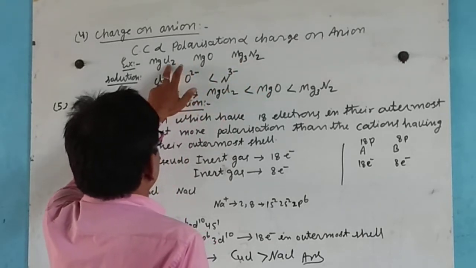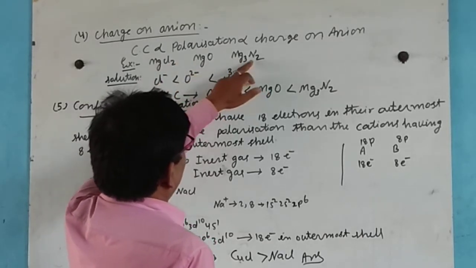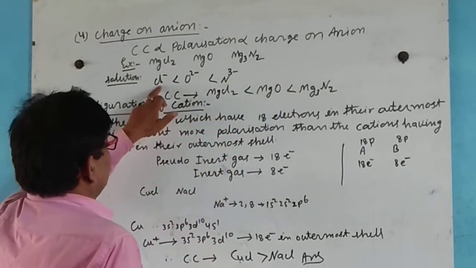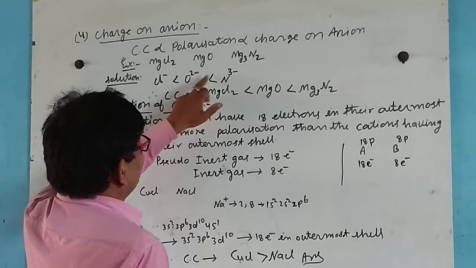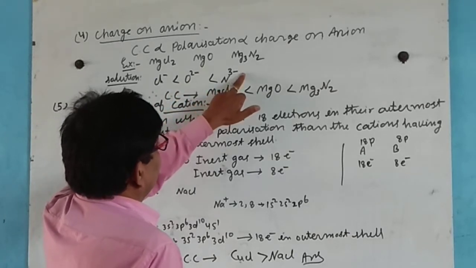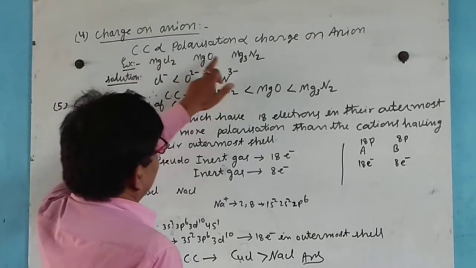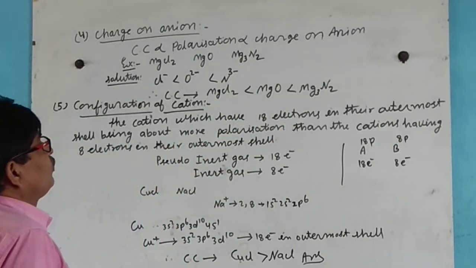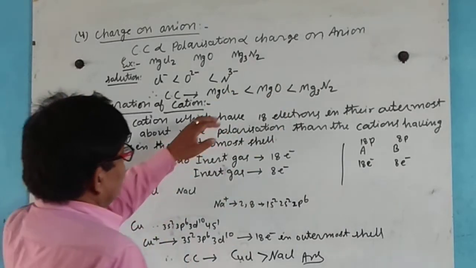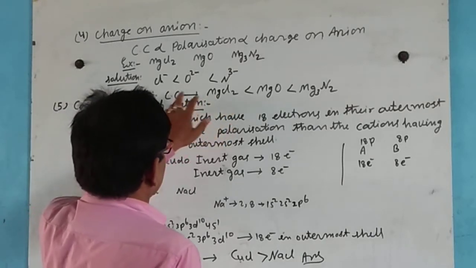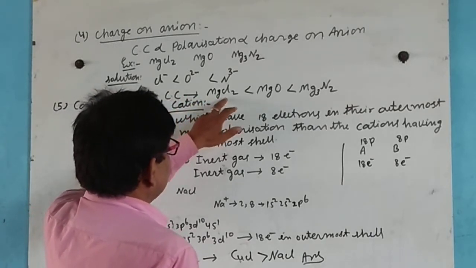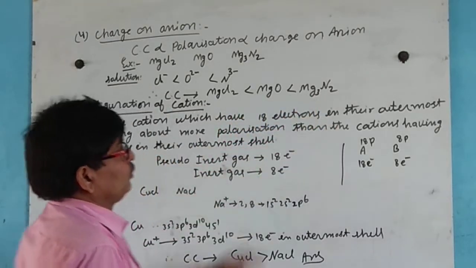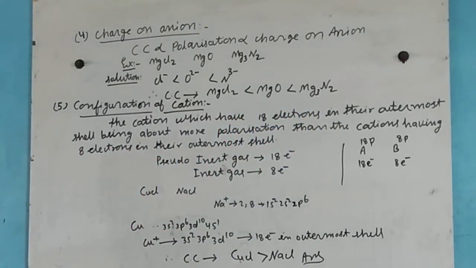Cl, O and N are the anions, so Cl is -1, O is -2 and N is -3, and covalent character is proportional to the anion charge. The more the anion charge, the more the covalent character, so covalent character of MgCl2 is less than MgO, less than Mg3N2. Now next, configuration of cation.